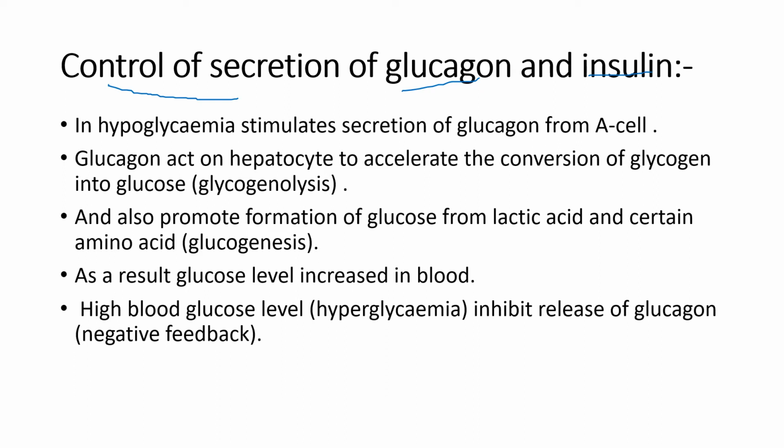First, in case of hypoglycemia, when the blood glucose level is lower than the normal range, and the normal range of blood glucose is 70 to 130 milligrams per deciliter. Okay, so this is the normal value.